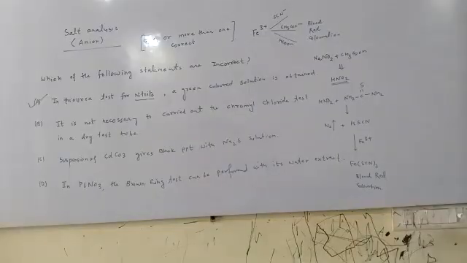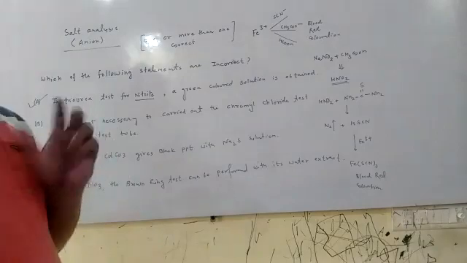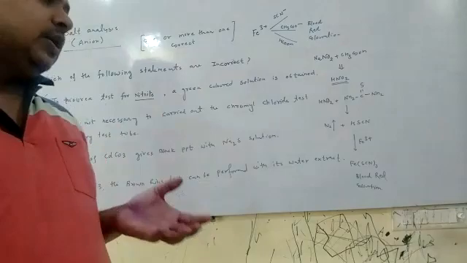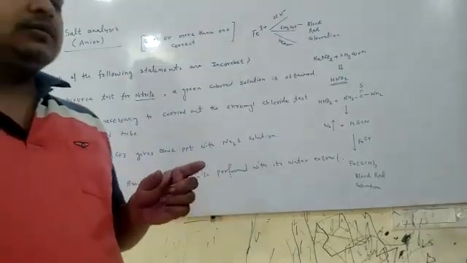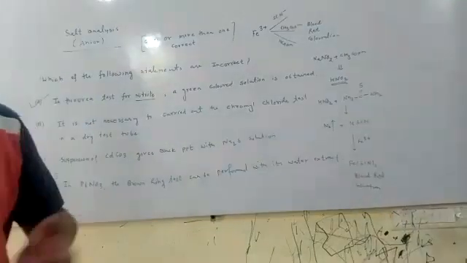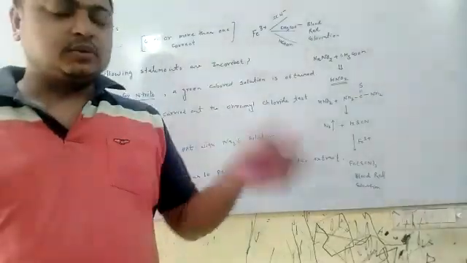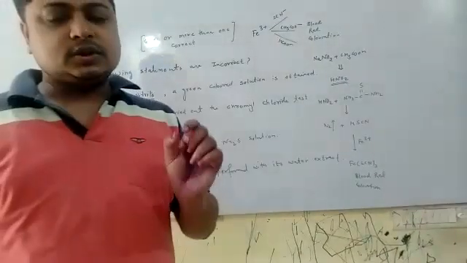Yes, it says the test should be carried out in a dry test tube, otherwise chromic acid will be formed. Yes, because CrO2Cl2 is a volatile compound. CrO2Cl2 does not have hydrogen bonding, that's why its volatile nature is high. But when water is there, a substitution reaction occurs: in place of Cl we get OH, so we get H2CrO4.